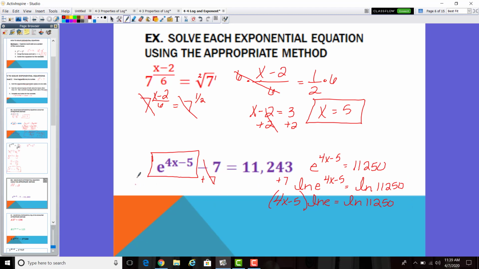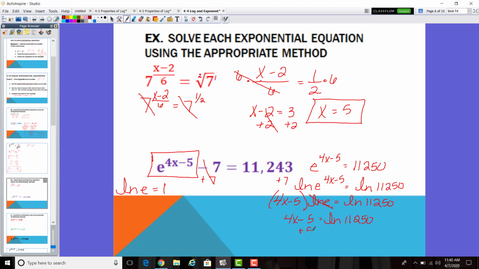Now in this example, we have a shortcut. By property, the natural log of e equals 1. So I can cancel that out in this equation because 1 times 4x minus 5 is simply 4x minus 5. So 4x minus 5 equals the natural log of 11,250.